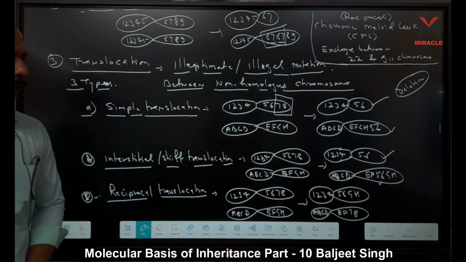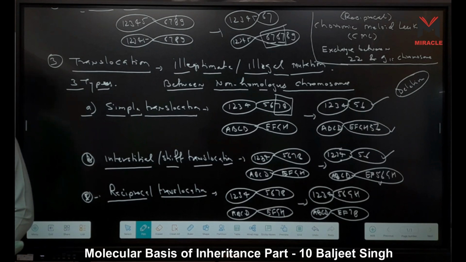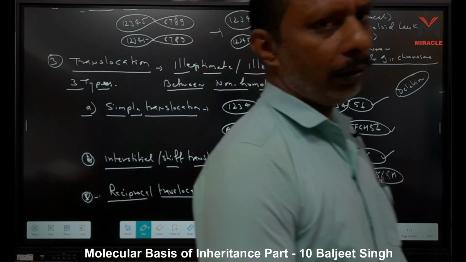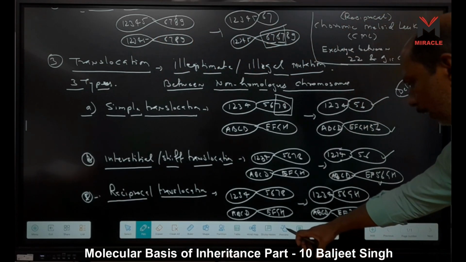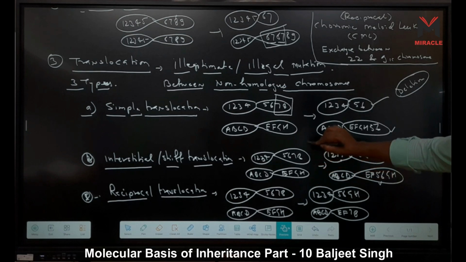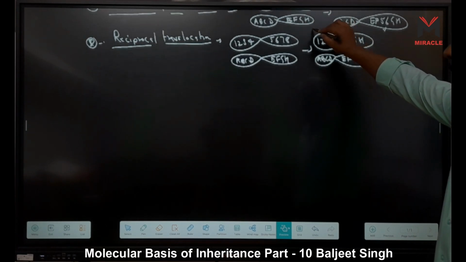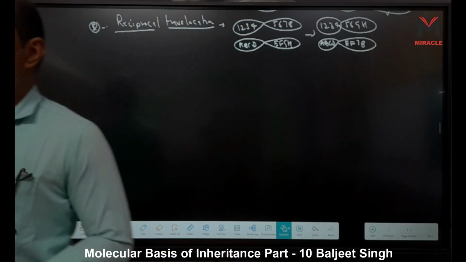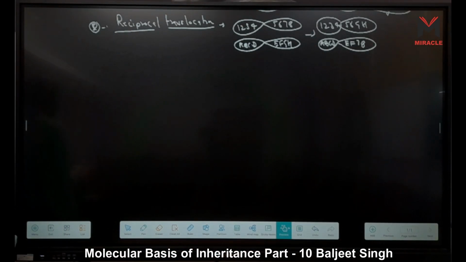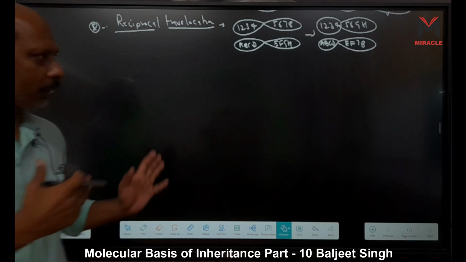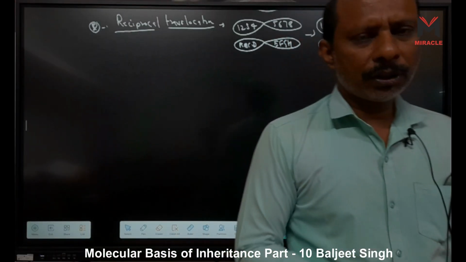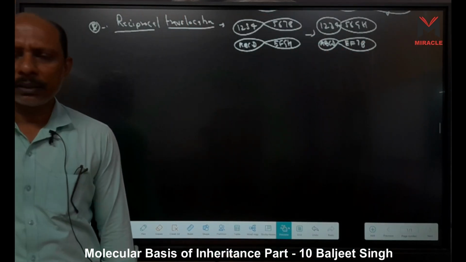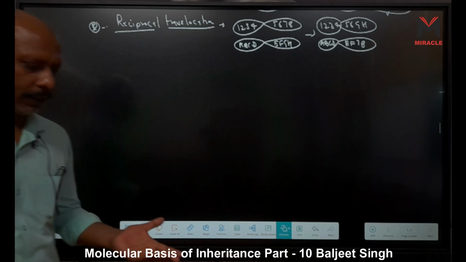Now, gene mutation. The gene mutation is not so much; it is already given in our NCERT. You reviewed this one. Like chromosomal mutation, gene mutation is also of two types: substitution and frame shift mutation.